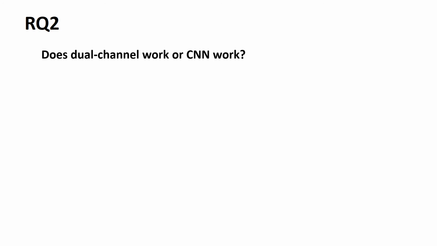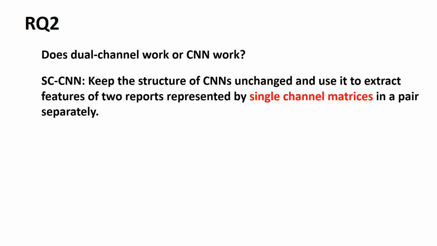Therefore, we want to find out whether the dual-channel matrix works. We keep the structure of CNN unchanged and use it to extract features of 2 reports presented by single-channel matrices in a pair separately. We call this method SCCNN.